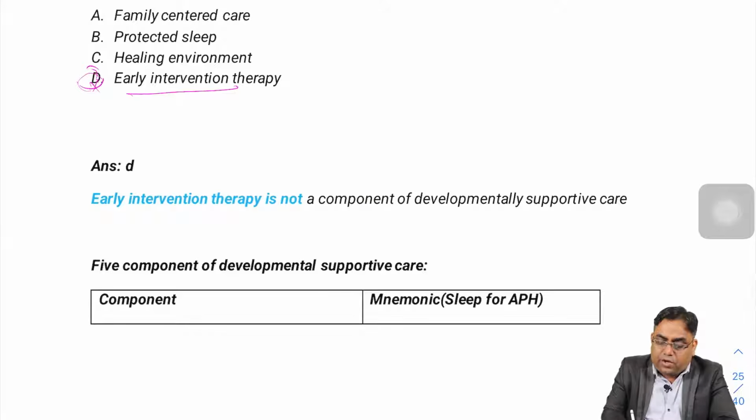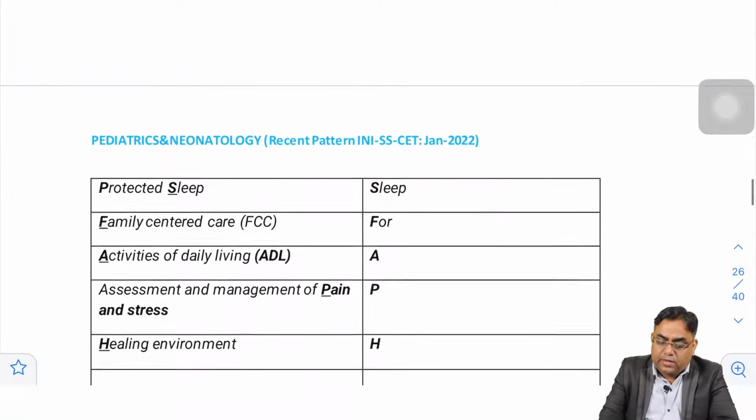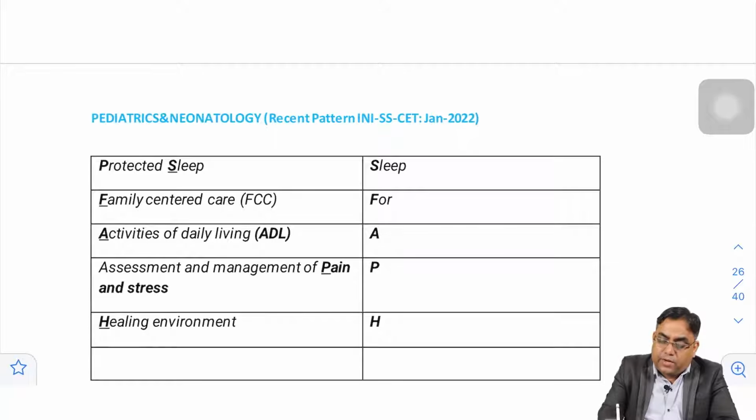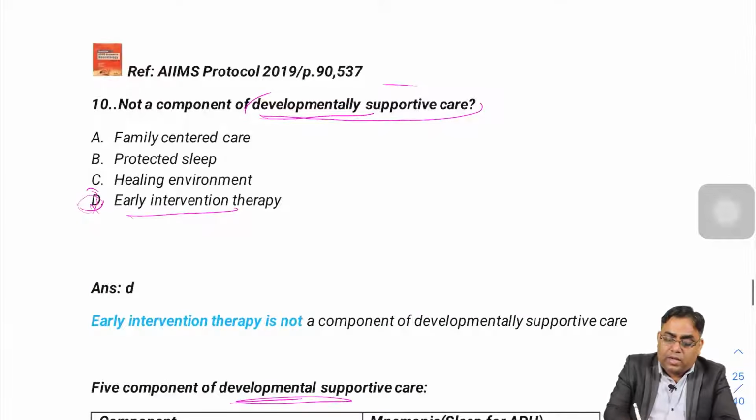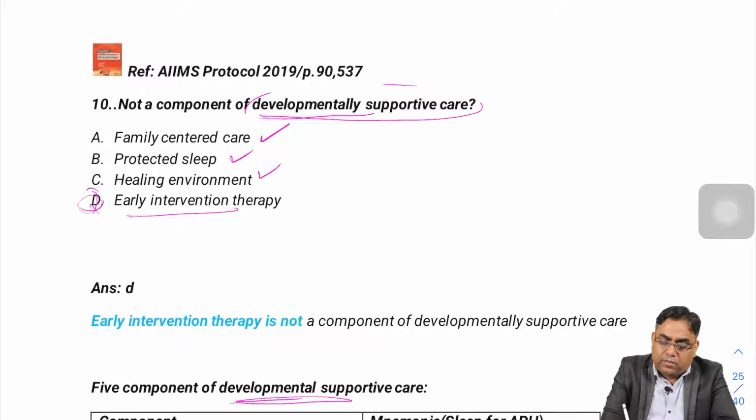The mnemonic I have made for the components of developmentally supportive care is "sleep for APH": protected sleep, family centered care (FCC), activities of daily living, assessment and management of pain and stress, and healing environment. So these are components of developmentally supportive care, except early intervention therapy. That is the answer.